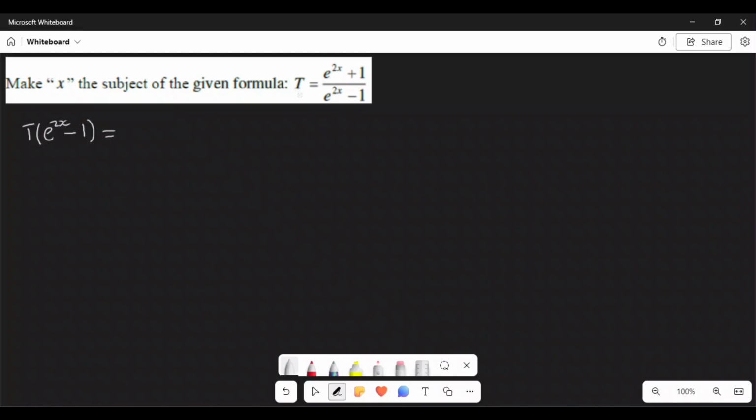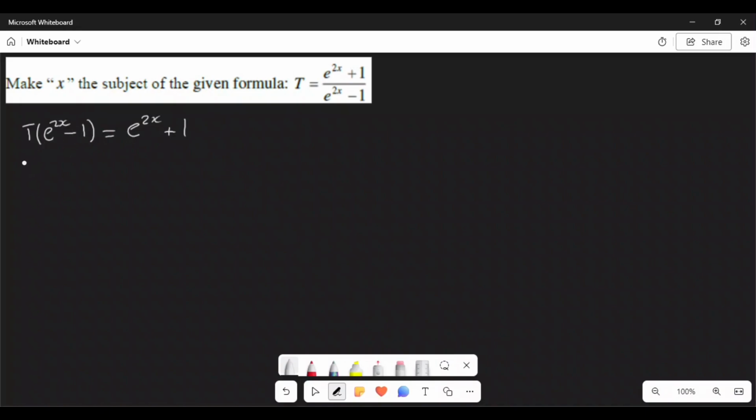You have to know that t is divided by 1, so we also do the cross multiplication, which is going to be the same as the numerator on the right hand side, e to the power of 2x plus 1. So this is actually how you do it. From there you get rid of the brackets. So let's get rid of the brackets.